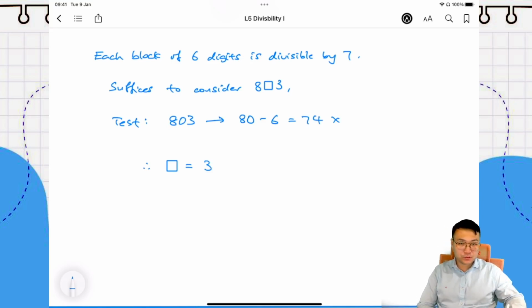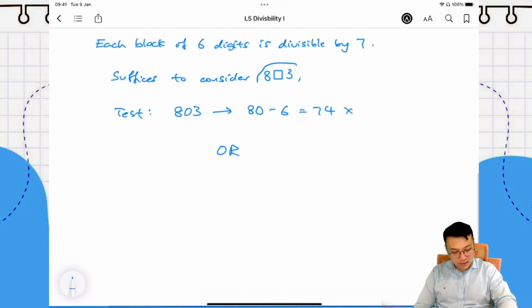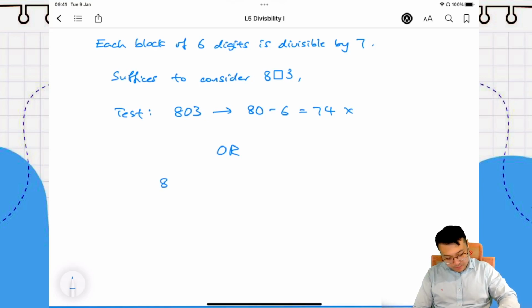But there's another way to do this. If you don't want to test, you can use another way. You look at this 800 and something. Do you agree that 700 is divisible by 7? Yes. So since 700 is divisible by 7, you can say that this equals 700 plus 100 and something 3.